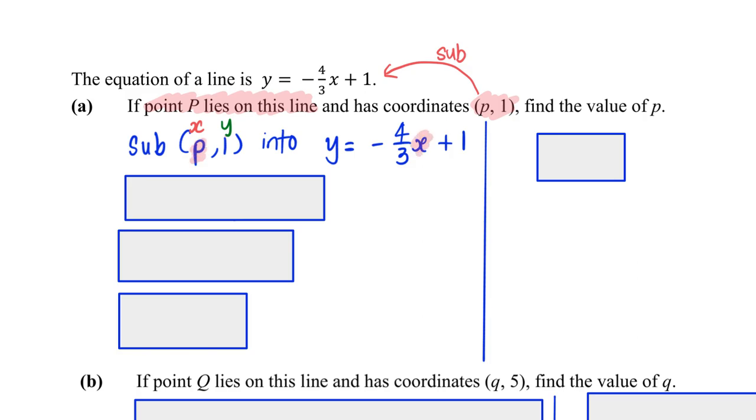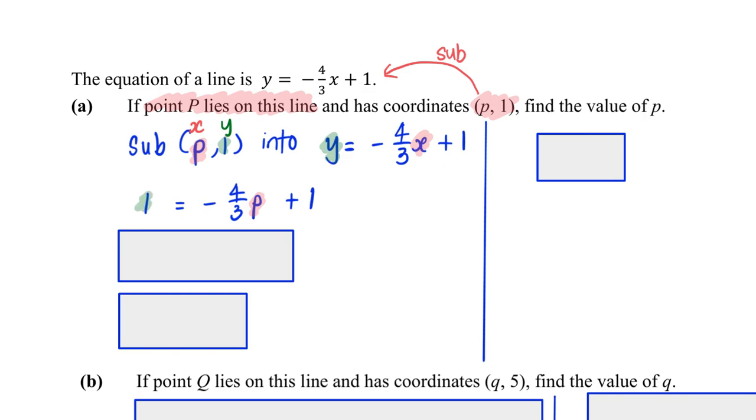I write it as P. My Y, I will write it as 1 when I do the substitution. Then we just need to solve this equation.